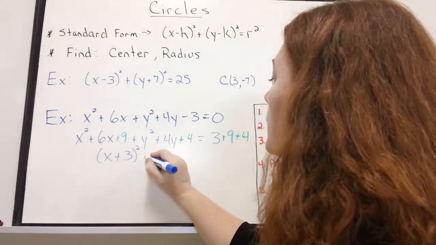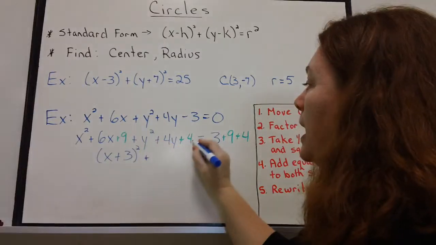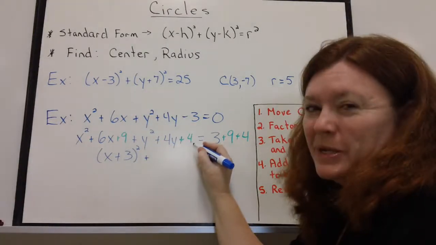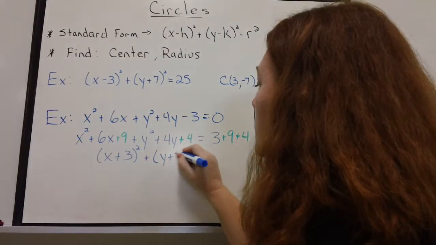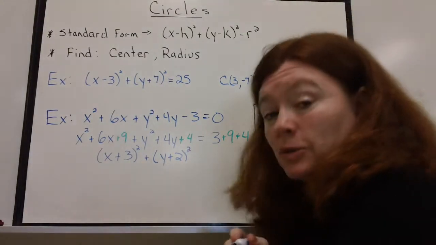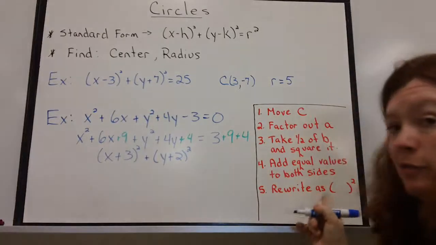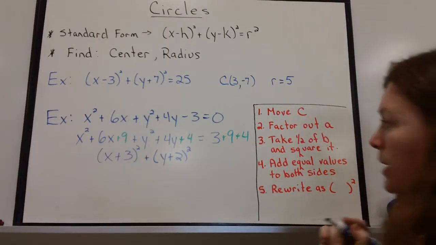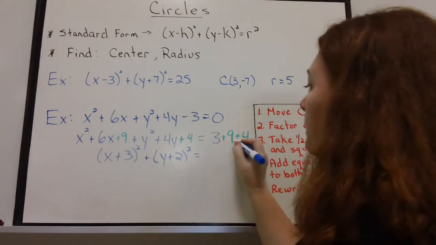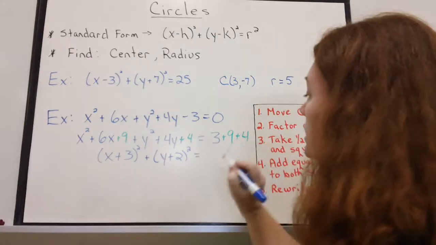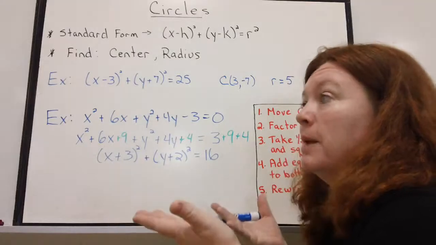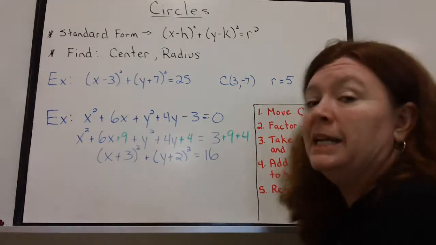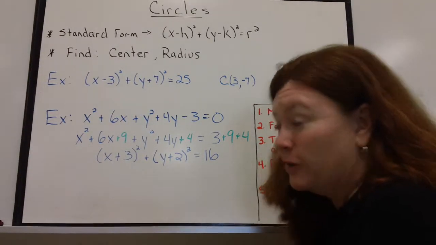All right, with the y's, I have a y plus 2 times a y plus 2. Or in other words, this will factor into y plus 2 squared. Because that's step 5. Rewrite as a parenthesis squared equals 3 plus 9 is 12, plus 4 is 16. And I now have my equation written in standard form for a circle.